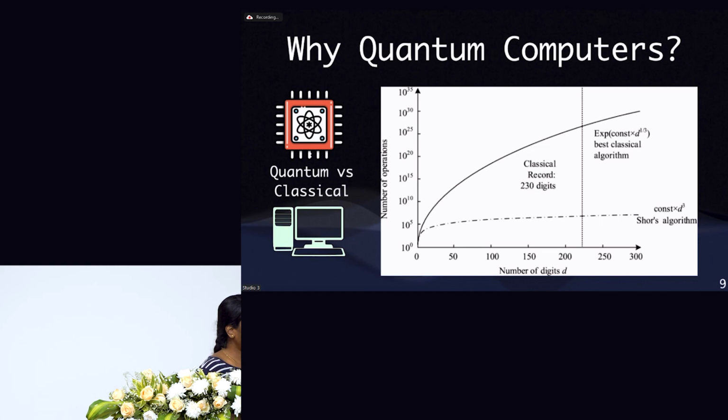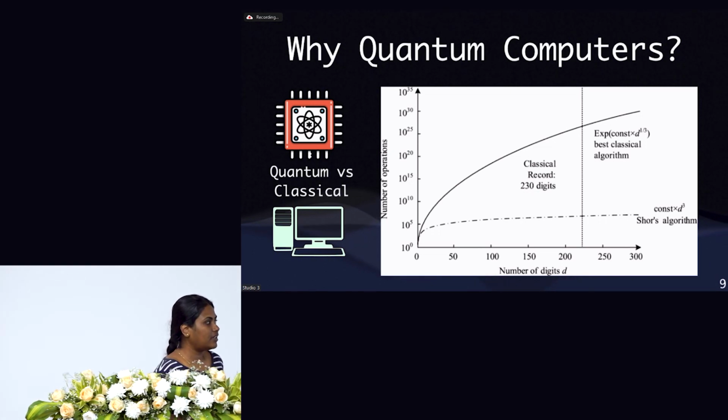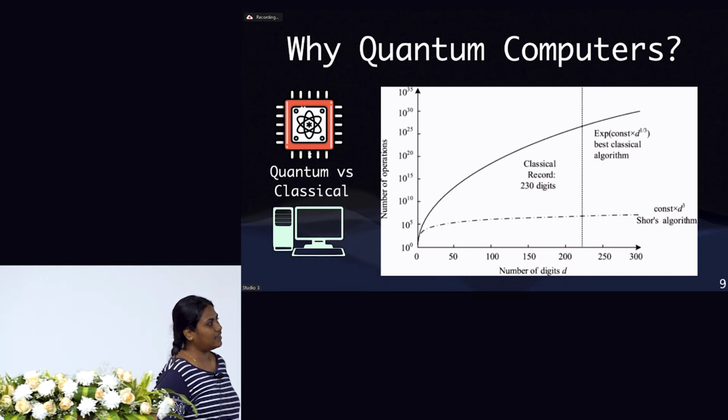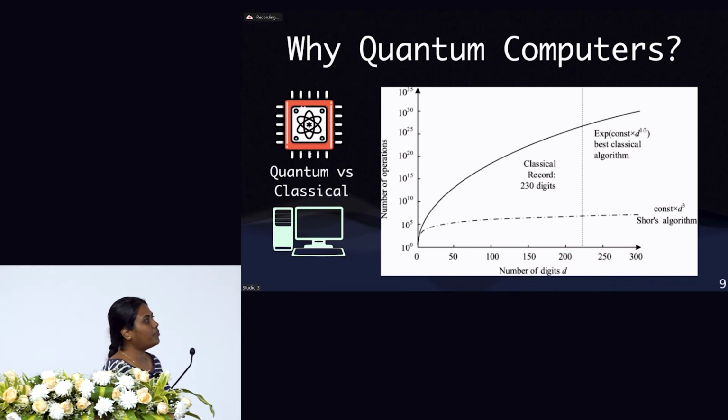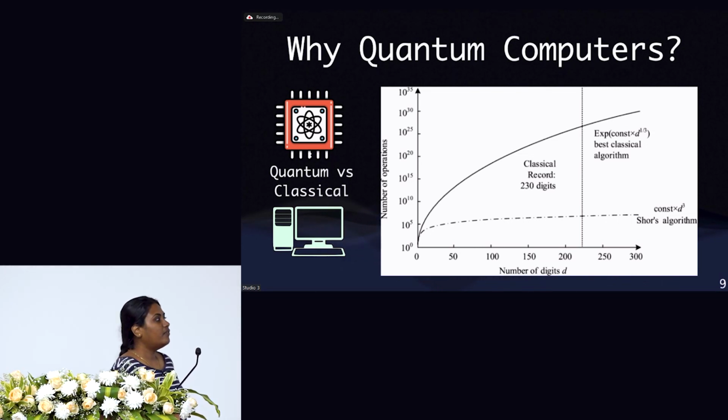As the number of digits in the number that I have to factorize gets larger, the number of operations performed on a classical computer looks something like this. Notice that the scale is a log scale. This graph is exponential, roughly exp of a constant times d to the power 1/3.